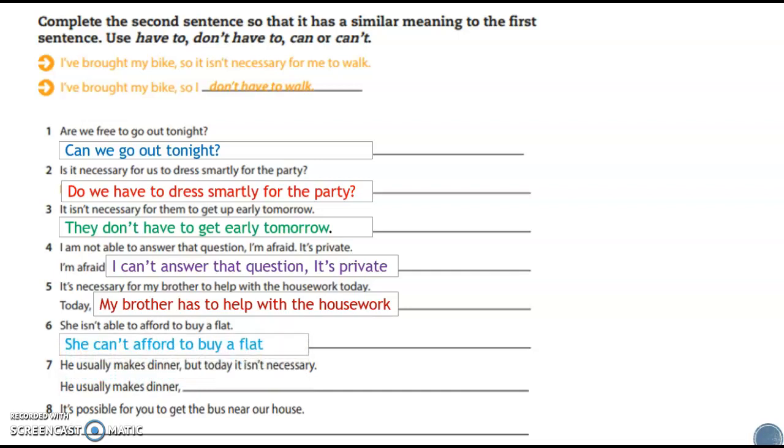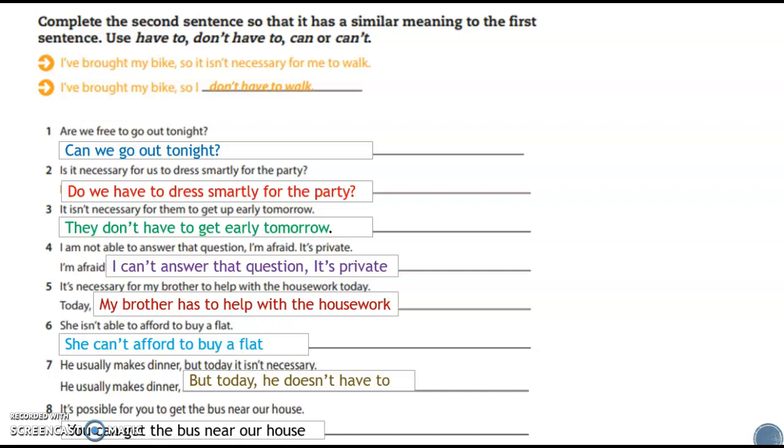Let's see, she can't afford to buy a flat. 7, he usually makes dinner, but today it isn't necessary, so he doesn't have to. And finally, it is possible for you to get the bus near our house. And our answer is, you can get the bus near our house.